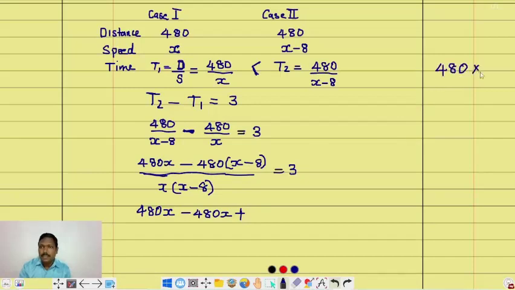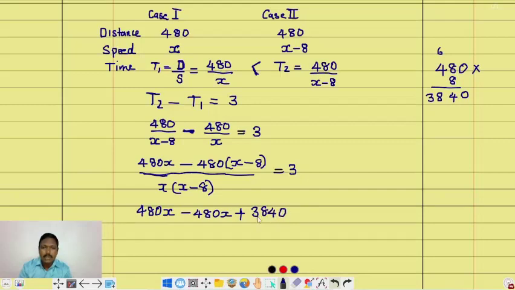We have to multiply this 480 with 8. So this 0 we can write here. Now 8 8s are 64. 8 4s are 32. 32 plus 6 is 38. So 3840.